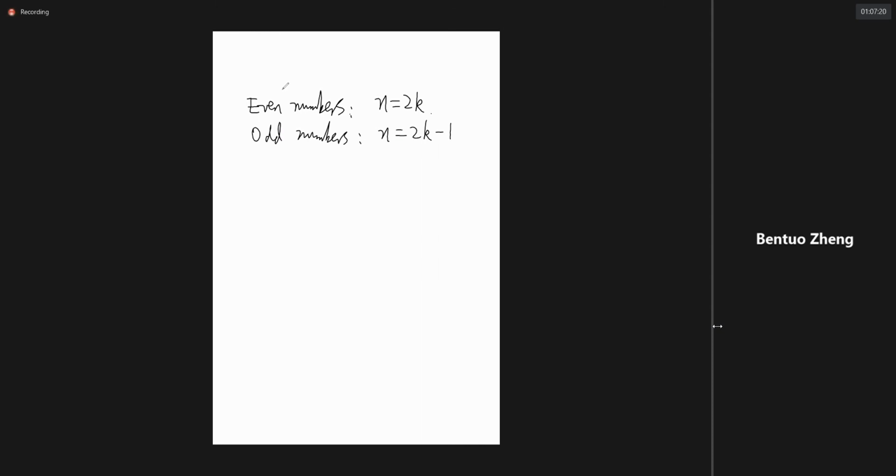So the first result is: if n is a natural number, then n is either even or odd, but never both.